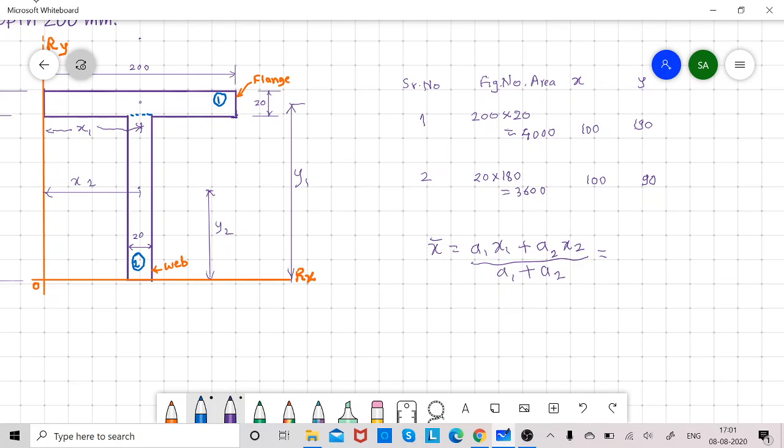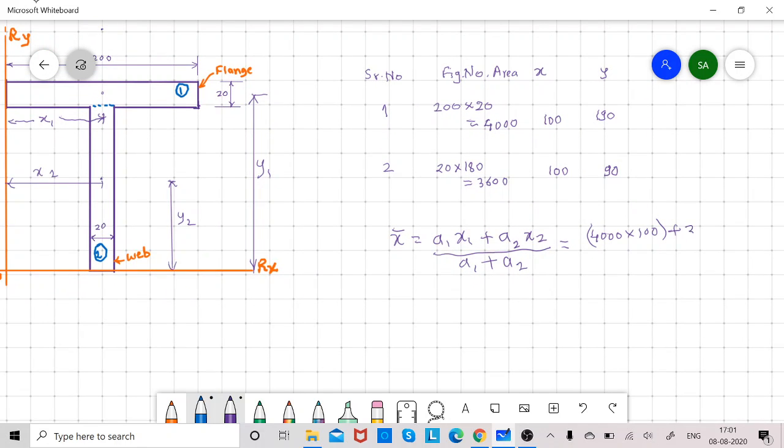In this case, a1 is 4000, x1 is 100, plus a2 is 3600 into 100, that is x2, divided by 4000 plus 3600.